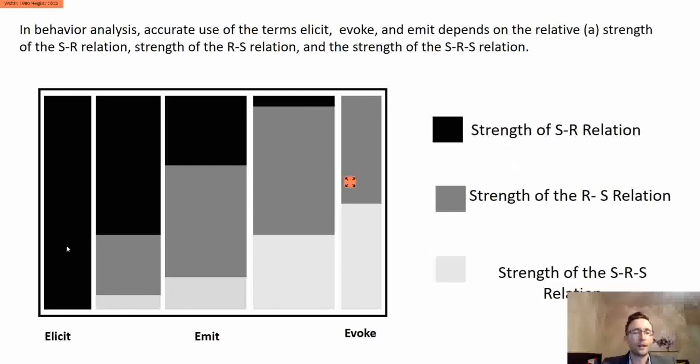Right? So if you're all the way on the far left of this figure, you're most likely to use the word elicit to refer to the effect of an antecedent on behavior. You may start to use the word emit in describing the occurrence of the behavior as you move to the right, and as you move further right, you may start to use the word evoke to refer to the effect of the antecedent on the behavior.